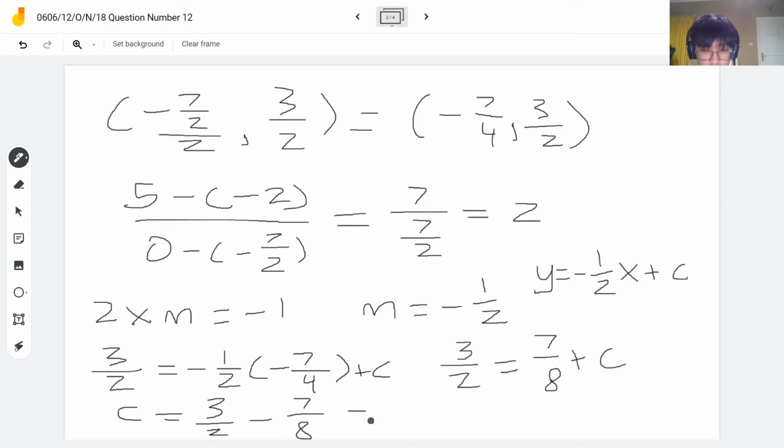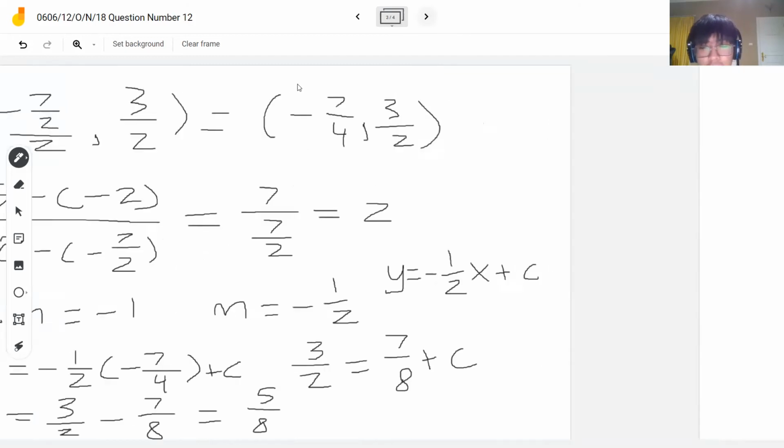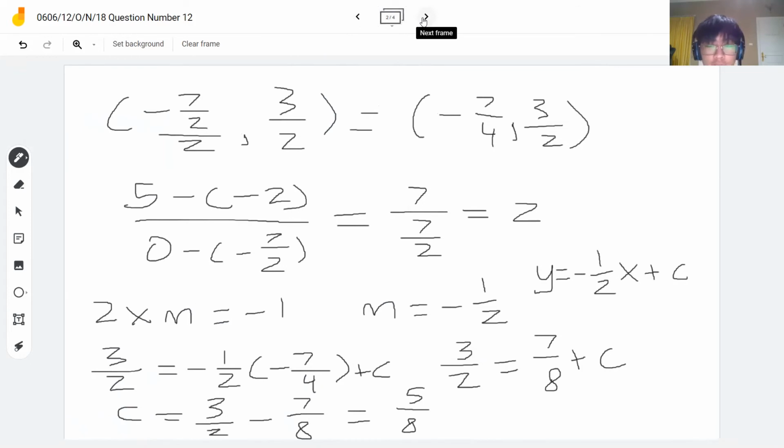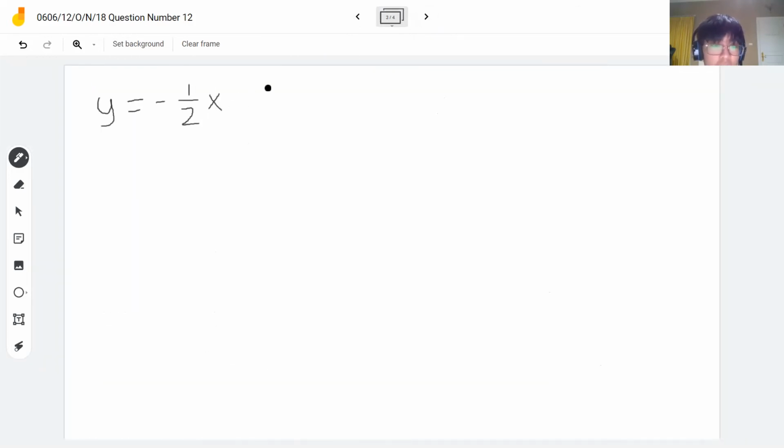And you will get 5 over 8. Let us write this more coherently if Zoom will allow me to switch slides. So y equals negative 1 over 2 x plus 5 over 8. This is the equation of the perpendicular bisector.